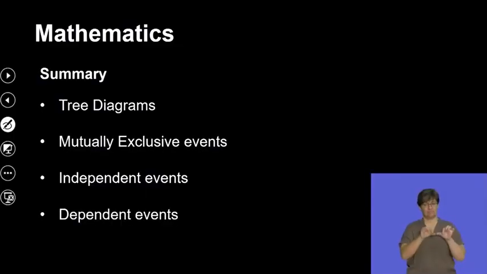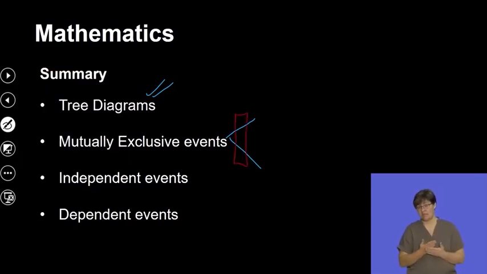So in this lesson, we've looked at tree diagrams. And within looking at tree diagrams, we recognize that the two things in the different stems are mutually exclusive. That means that if we take the probabilities across the stems, they will always add up to 1.